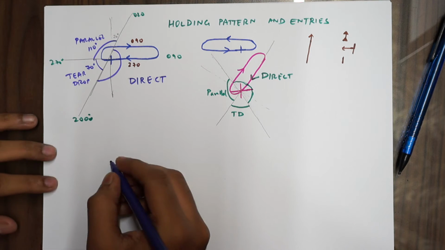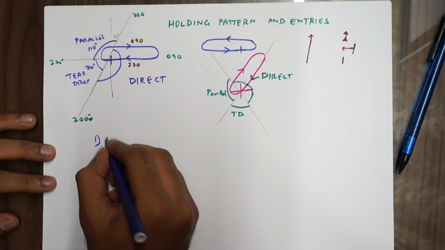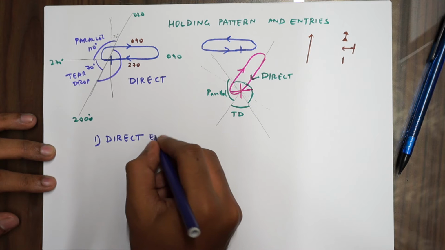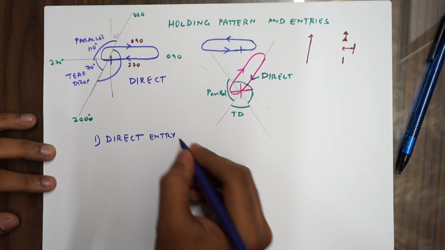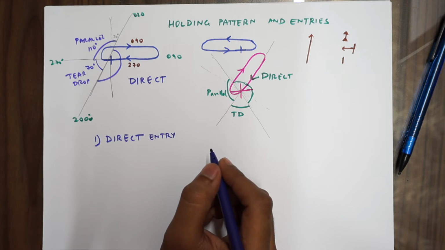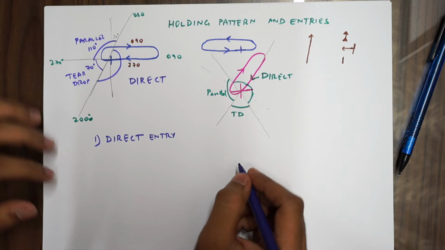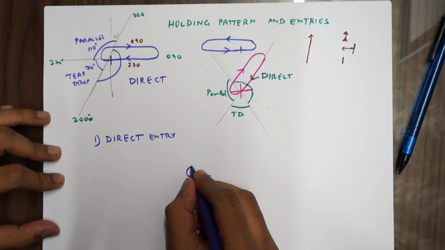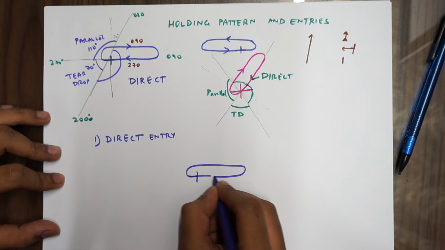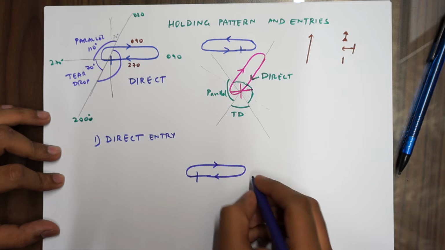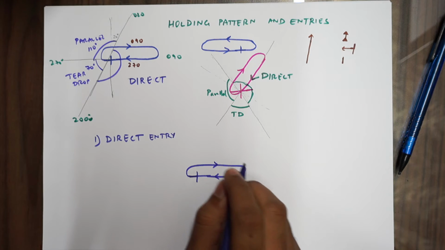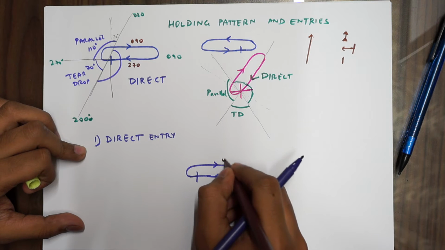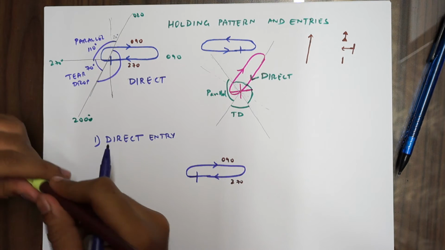So the first one I'll discuss, the simplest of all, is your direct entry. Direct entry, as the name suggests, the entry is direct. So how to start? I will just use a standard hold, and inbound is 270, 090 outbound heading.